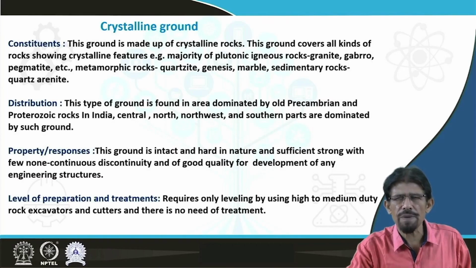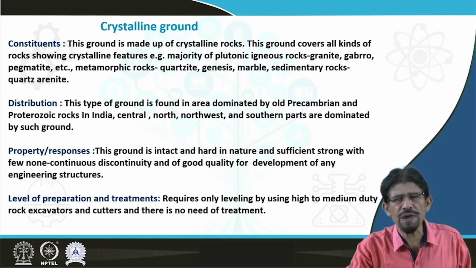This type of ground is intact, hard and compact in nature and not showing any type of interface or discontinuities, and is considered a good quality ground for development of any engineering project, particularly related to civil engineering or mining engineering, etc.